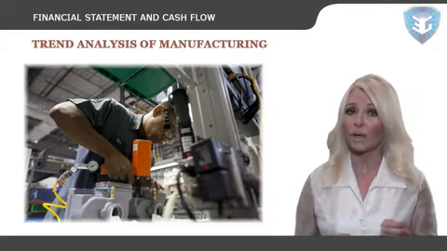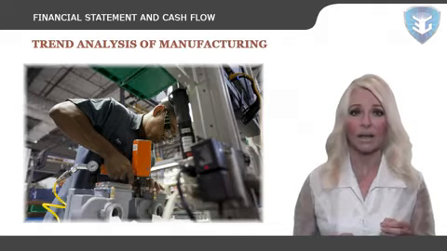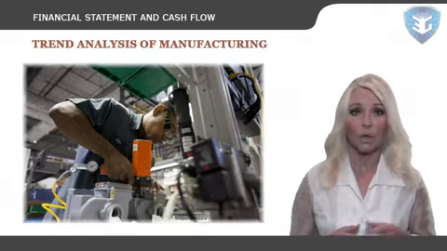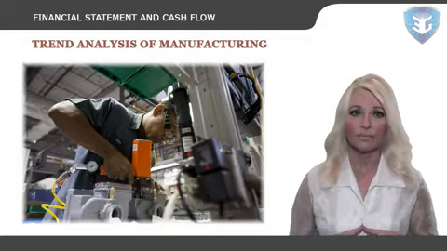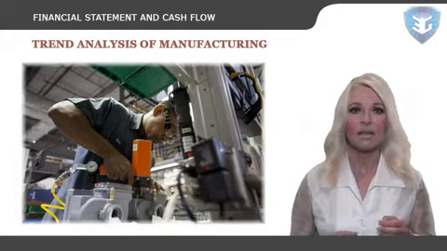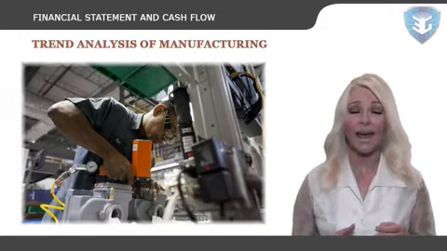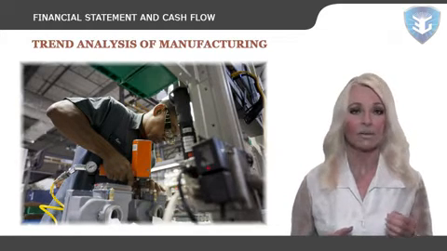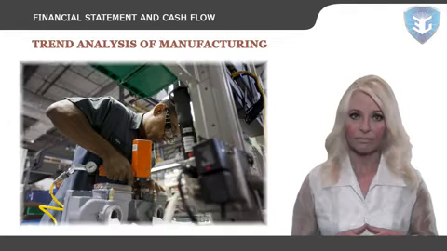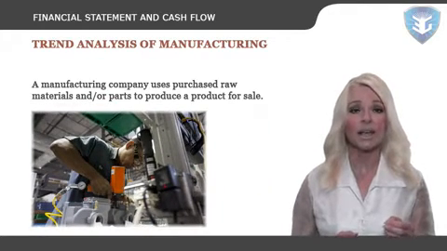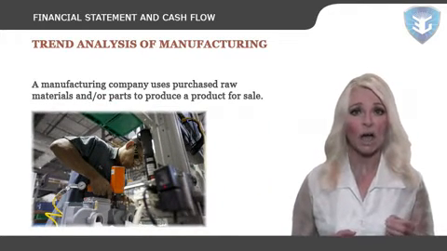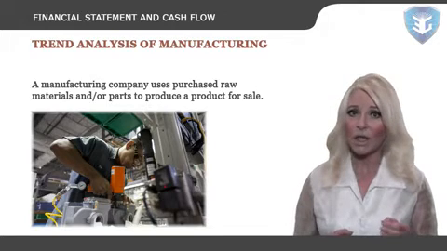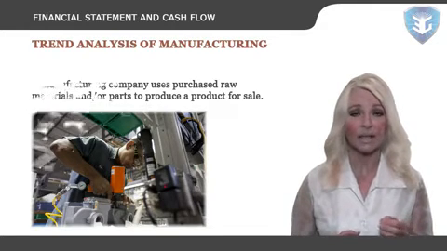These include 3 types of inventory accounts: raw materials, work in process, finished goods, and several long-term fixed asset accounts. A manufacturing company uses purchased raw materials and/or parts to produce a product for sale.